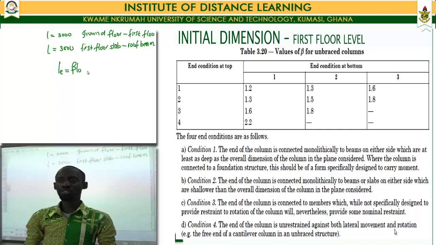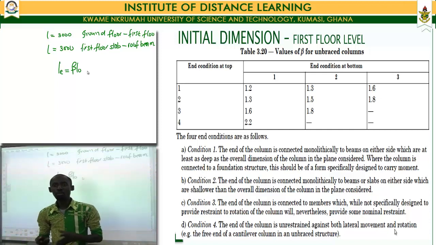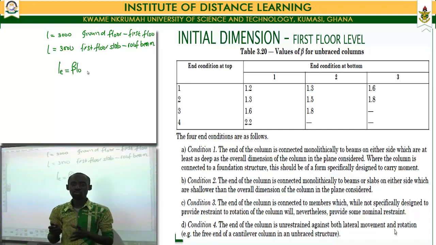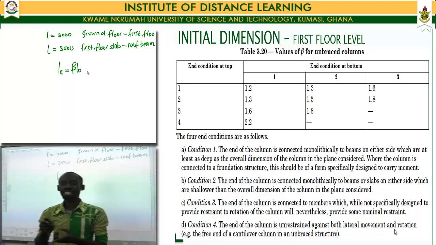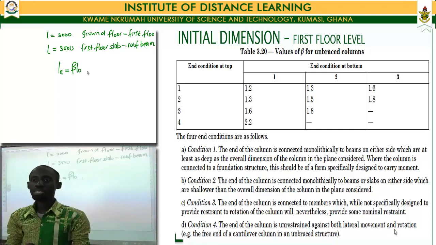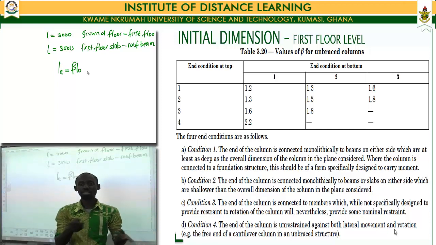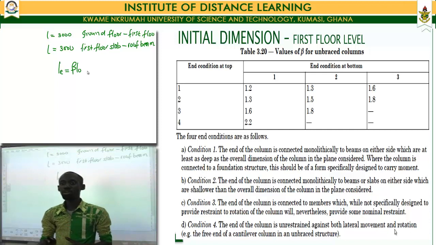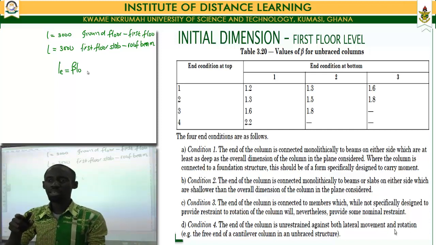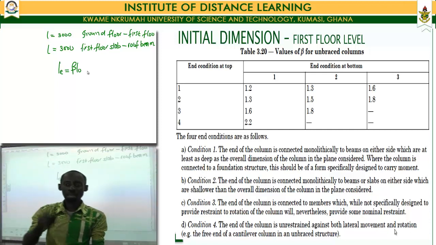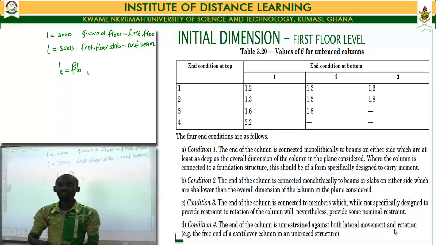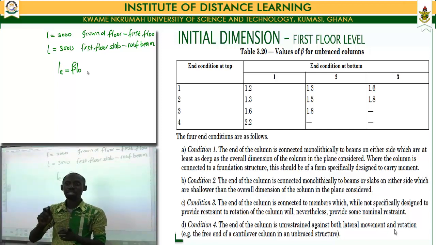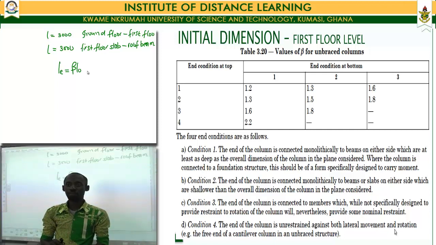Now, if we take a look at the structure we are designing for, particularly our first floor structure. Given that the depth of our first floor beams and the depth of our roof beams are the same, in which case the depth of our floor beams, as we calculated in the previous unit, was 400 millimeters. Then it means that at my first floor level, I have my beam depth being 400 millimeters, and I have my roof beam depth also being 400 millimeters.